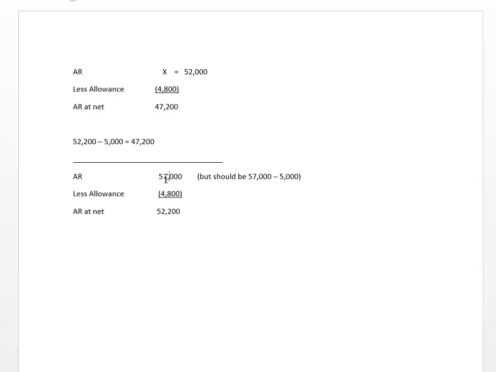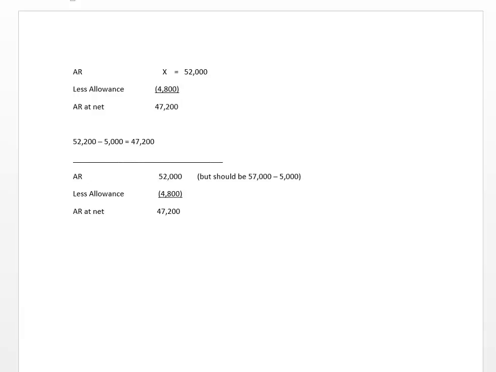That shouldn't be there because I don't have receivables on consignment goods. So it should be $57,000 less $5,000. So what you might have said is, well, that needs to be $52,000. So instead of working from the bottom up, as I did in this top half, you could have worked from the top down and made the adjustment here. Minus $4,800 because there was nothing wrong with the balance in the allowance account, and you would have wound up with $47,200 that way. So either way would have been fine to do it.